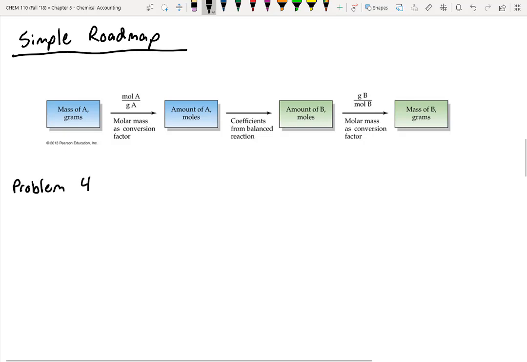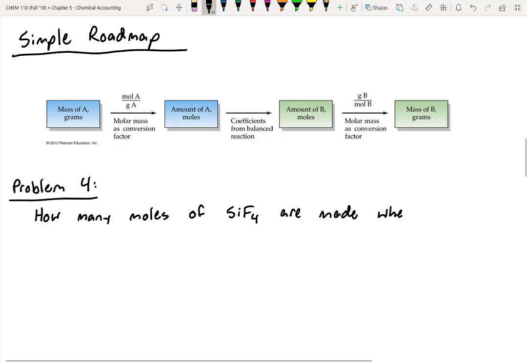So let's do problem 4. And we'll stick with that same reaction because we've already balanced it. So how many moles of SiF4, the silicon tetrafluoride, are made when 12.3 grams of water are formed?